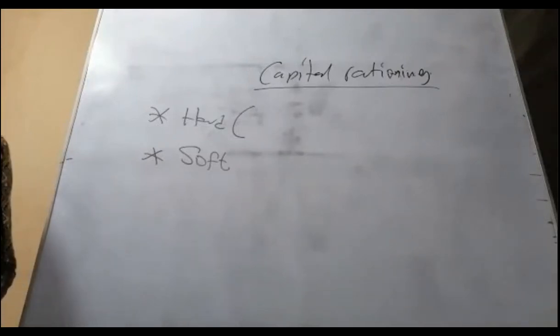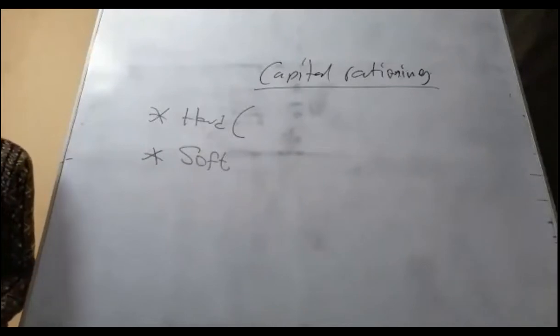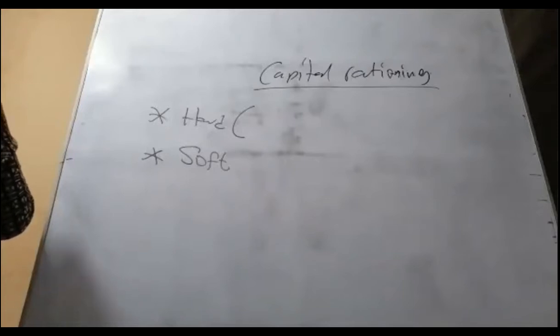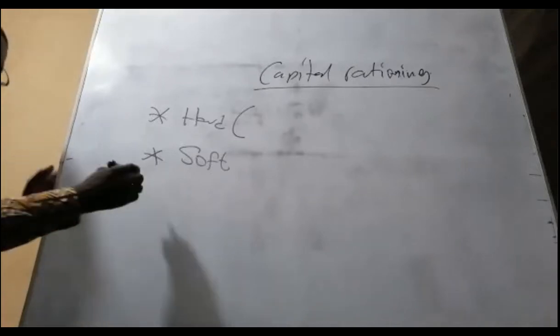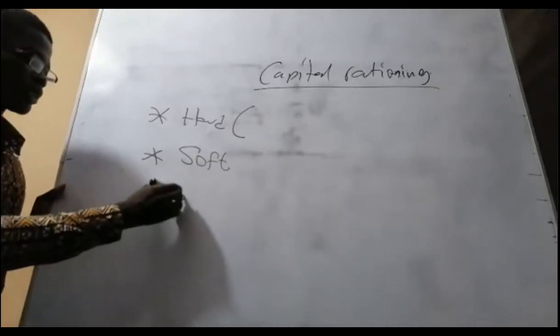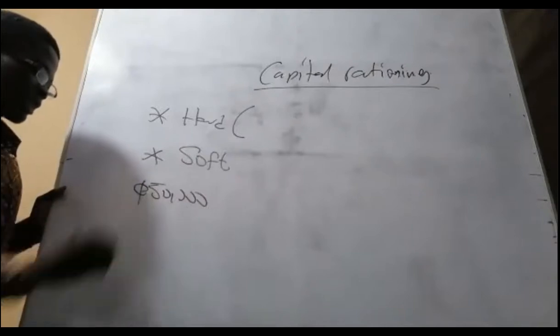Like you have a limit on the amount that you can borrow at the bank. Maybe you thought your bankers could give you a loan to finance that project. You went to the bank and they told you no way, the maximum amount we can give you is 50,000 Ghana cedis.